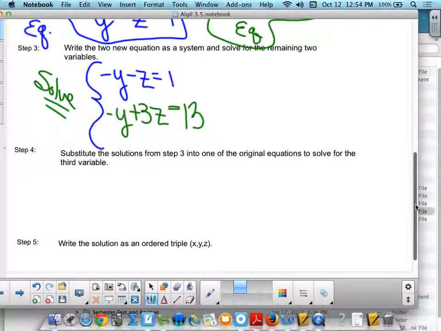So that's double that, negative 2x. 2 times z is 2z. Equals 20, okay. So 2z plus 8z makes 5z.